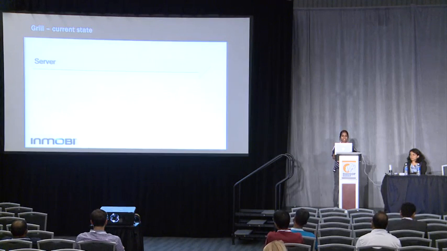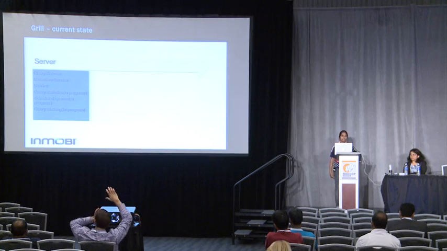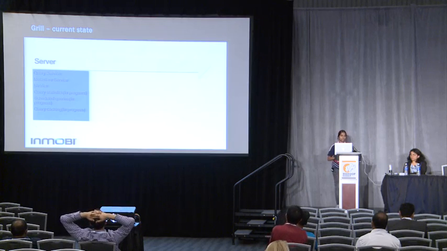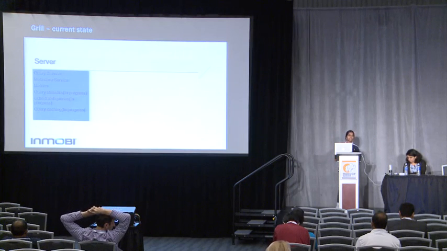So what is the current state of Grill? The query service is up. We have the Metastore service completed, and metrics. Query statistics is in progress. Query statistics are mainly useful for you to decide which columns are being queried often, so that you can move them up your pyramid.